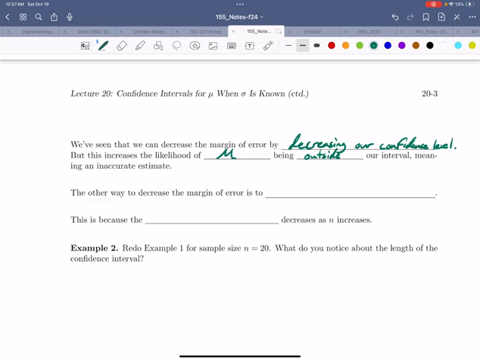The other way to decrease the margin of error is to increase the sample size n, right? And that's because the standard error, sigma over root n, decreases as n increases, right? Think about the denominator of this fraction. Denominator gets bigger, fraction gets smaller, right?